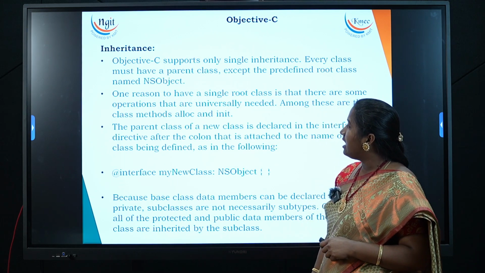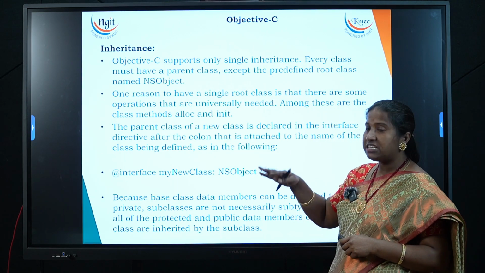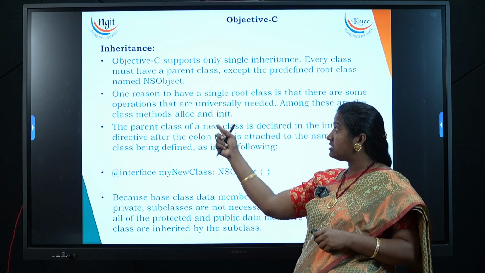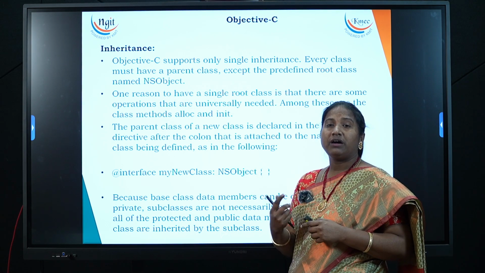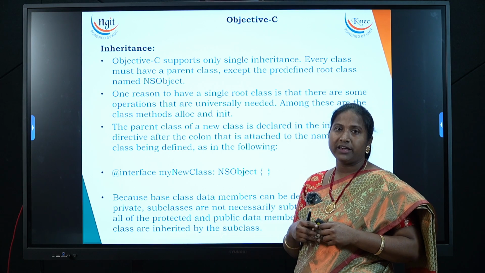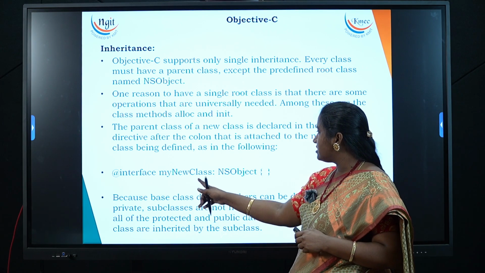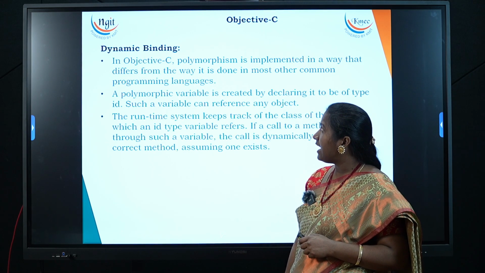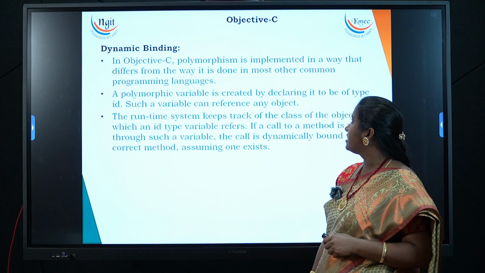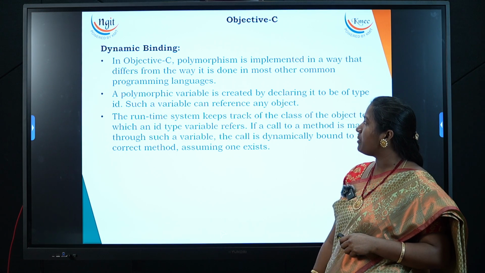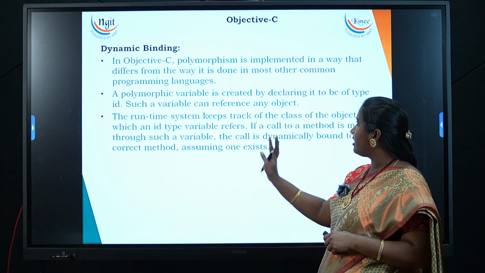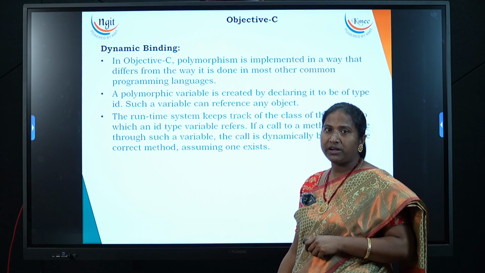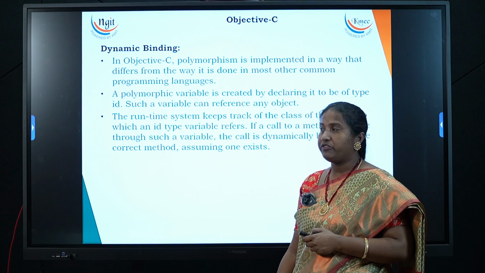Now for inheritance in Objective-C, we use NSObject to provide the inheritance concept. This is the way we take inheritance. For dynamic binding, a polymorphic variable is created by declaring it to be of type id. Such a variable can reference any object. So dynamic binding in Objective-C is provided through polymorphism.